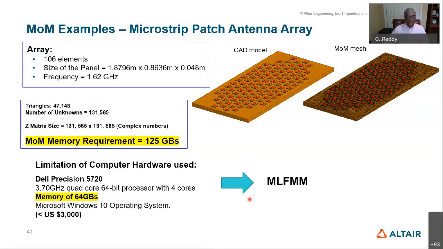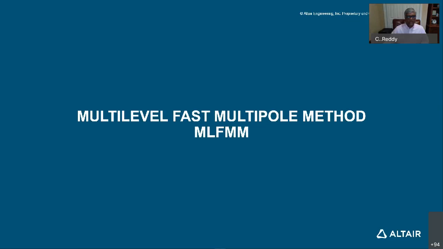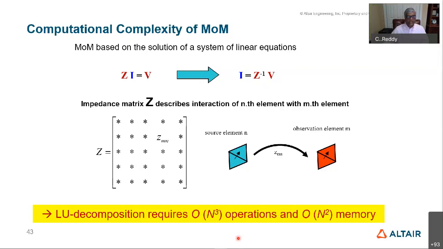This is where MLFMM comes into the picture. To explain how MLFMM can help, first we have to see what the problem is with the method of moments. Remember the equation where you invert Z and multiply V. This takes order of N cubed operations to invert and order of N squared memory to store the matrix.